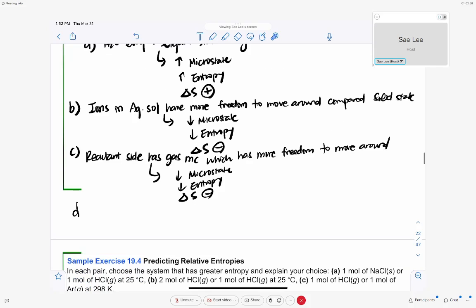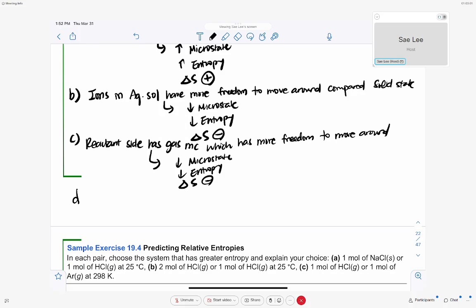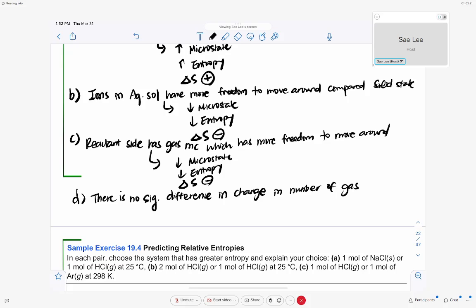Because there is no significant difference in the change in the number of gas molecules, the change in microstates is probably 0.